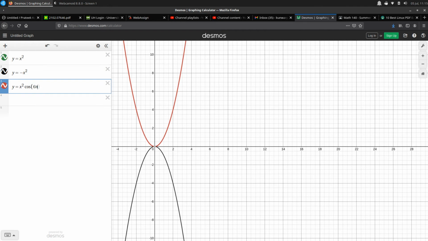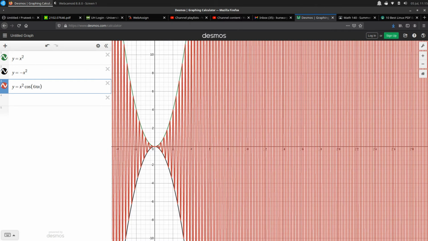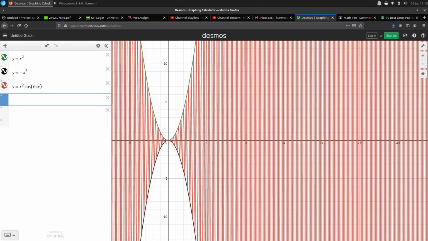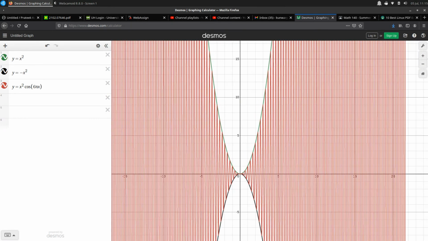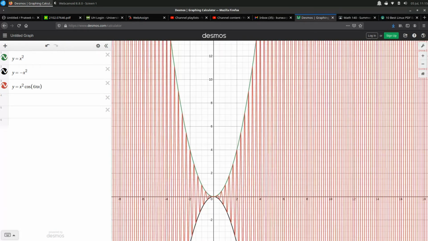For pi you can just write pi and it converts into the symbol. Okay, and you get this very interesting plot. I'm going to zoom in.